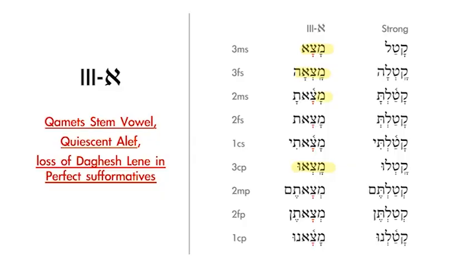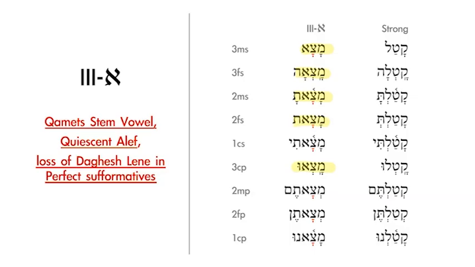And when an Aleph becomes quiescent, it causes compensatory lengthening. Pathach lengthens to Kametz. You've seen compensatory lengthening before, and you've even seen the compensatory lengthening of Pathach to Kametz. So when an Aleph becomes quiescent, the vowel before it is going to lengthen. And that's what we see here in the 2MS, for example, matsatha or matsath.